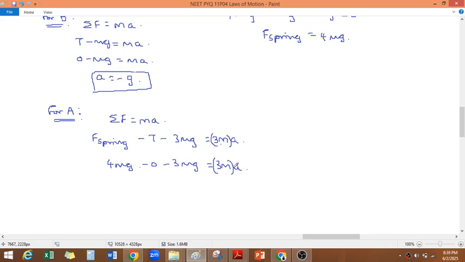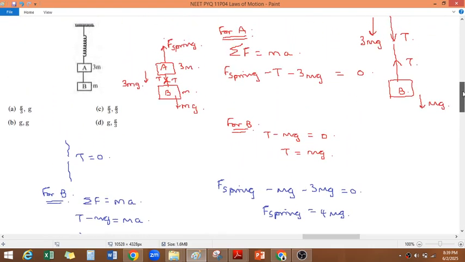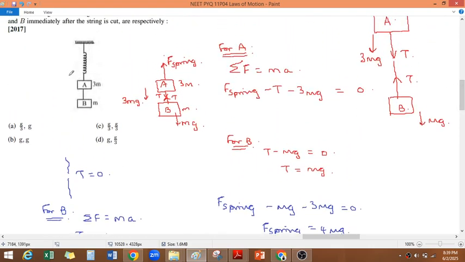So you see, these are all common mistakes you will make. So this will become 4 minus 3, it will be 1 mg is equal to 3MA. The mg cancels, so A is equal to g by 3. And carefully see, it is actually plus. Plus means it is going upwards. So the moment you cut the string, the spring will be pulling it upwards. Are you able to imagine what will happen?